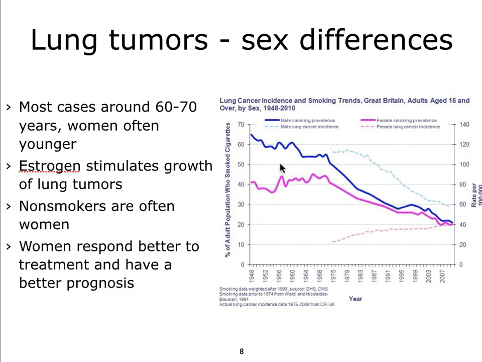These are the smoking numbers. So in the 50s, 60s and 70s, men smoked more than women. So they also had developed lung cancer more often. That's the dotted line. But in time, this incidence of smoking decreases, and you see that the incidence of lung cancer decreases in men. Women tended to smoke less, but now, since the 70s, the number of women and men smoking is roughly similar.